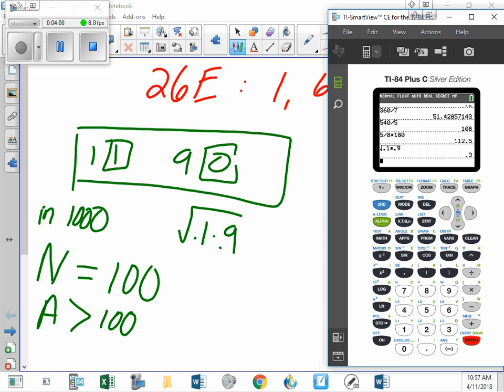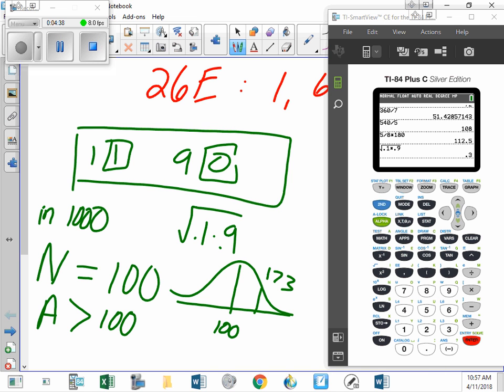Okay. Now, if we want to do a z-test, then we have to create a z-score. And in order to create a z-score, we need the SE. Which SE do we use? SEN. So in order to do the z-test, I'm going to put 100 in the middle, and I'm going to put 173 over here.